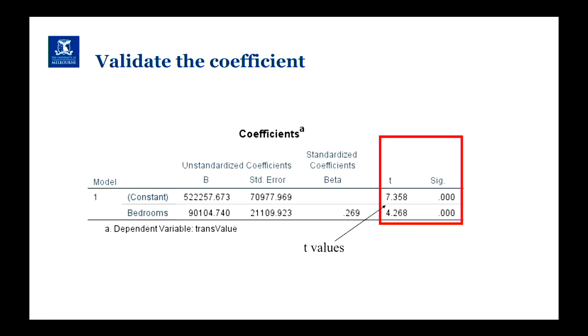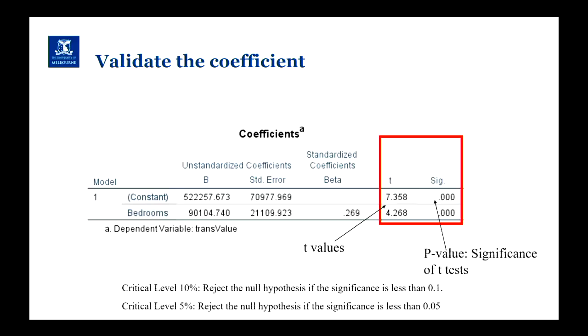One is 7.3, one is 4.2. And also we have the p-value, which indicates the probability of the distribution of this t-value, and it indicates the significance of the t-test.